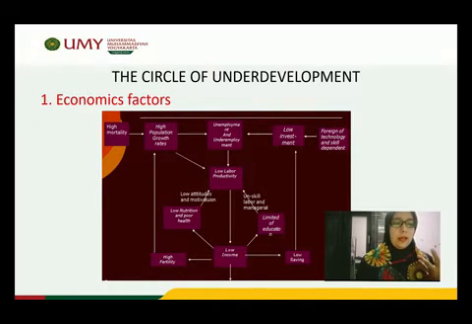Why is the investment very low? Maybe it is caused by foreign technology and skill dependence. Unemployment and underemployment can cause very low labor productivity, and then low nutrition and poor health.